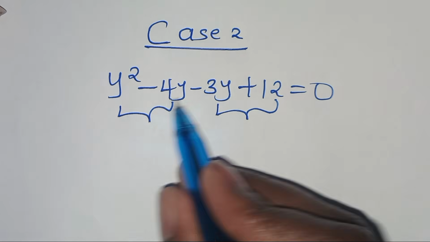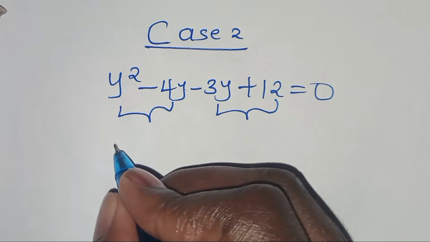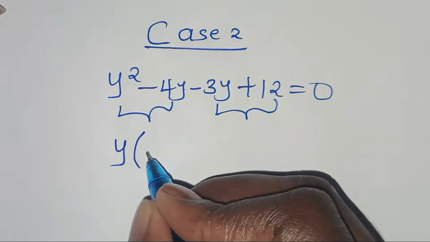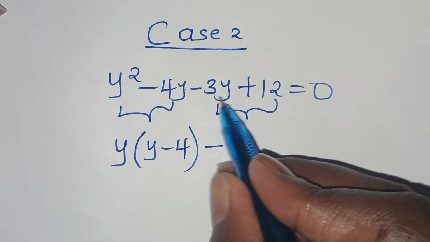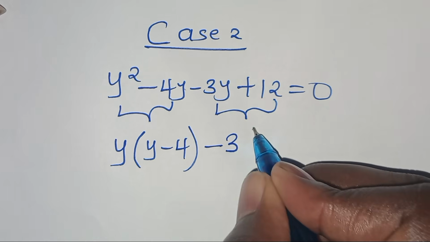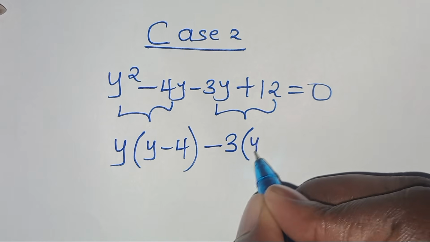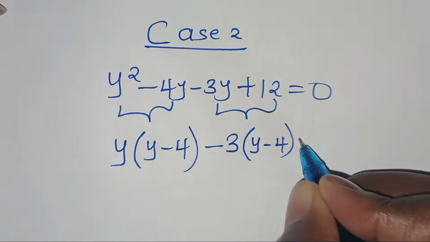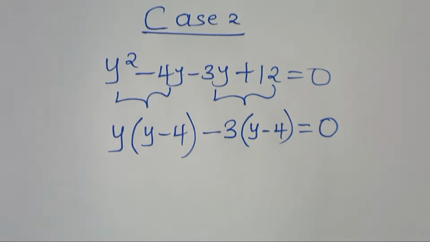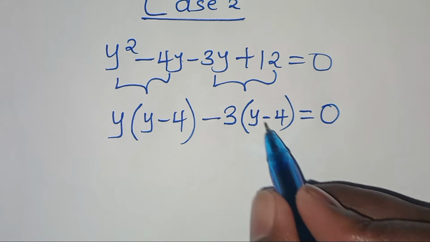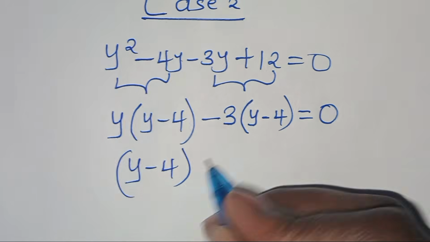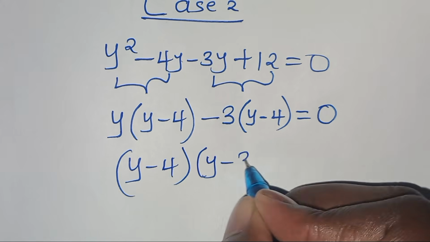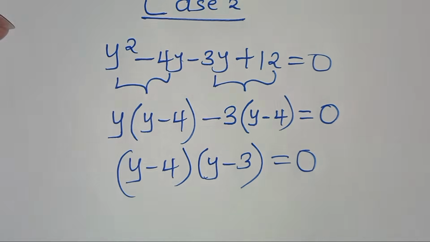So we have got two parts here. From the first part, y is common, we factor out y so that we have y times (y minus 4), then subtract. In the second part here, 3 is common, so we have 3 into the parentheses, this is (y minus 4), equal to 0. So y minus 4 is common, so we have (y minus 4) times (y minus 3) equal to 0.